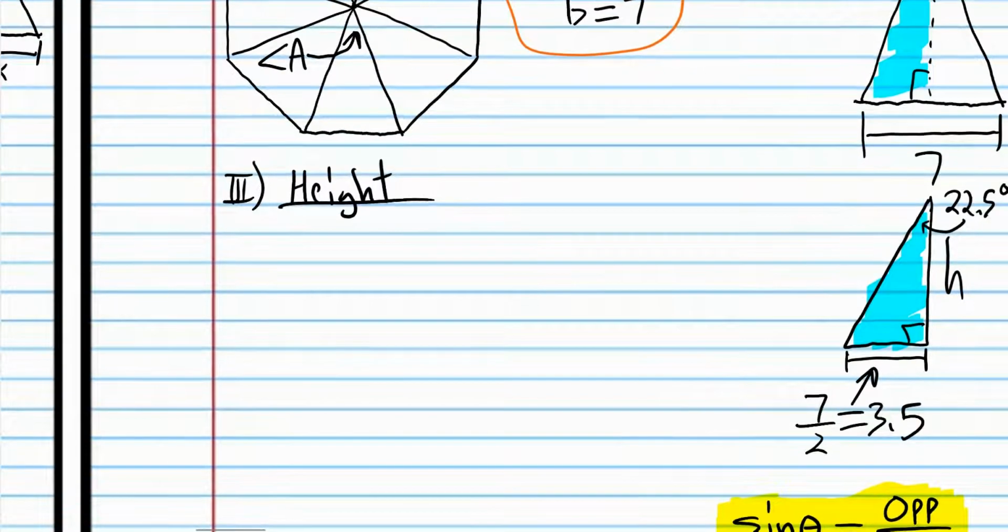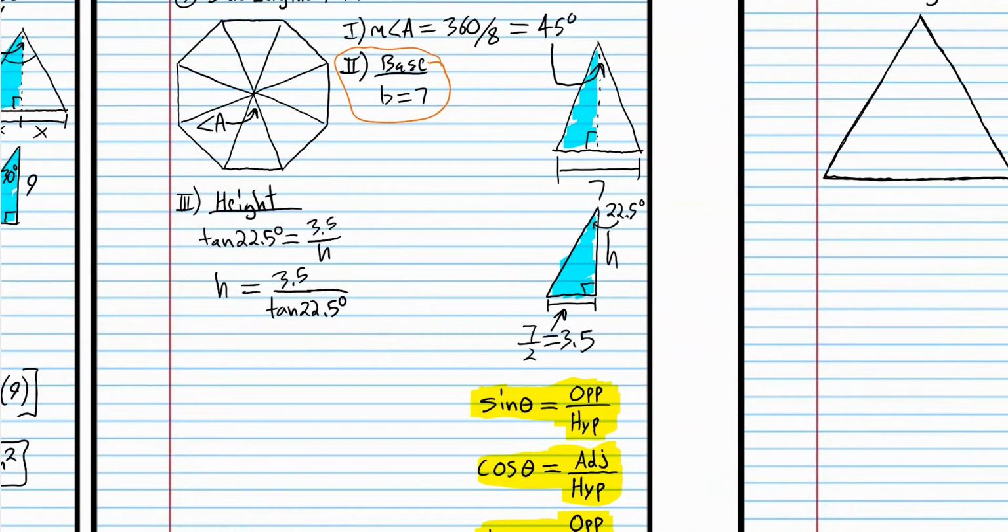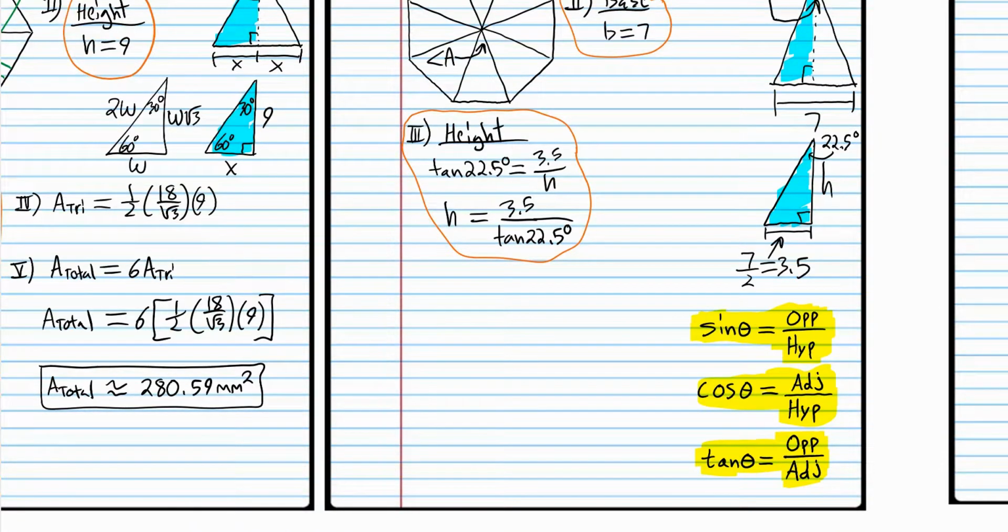So tangent is equal to opposite over adjacent. And I'm not going to do all the algebra here because I did that in the previous class, and it's kind of a long process to show all the algebra. So it's just going to be 3.5 over tangent 22.5 degrees.